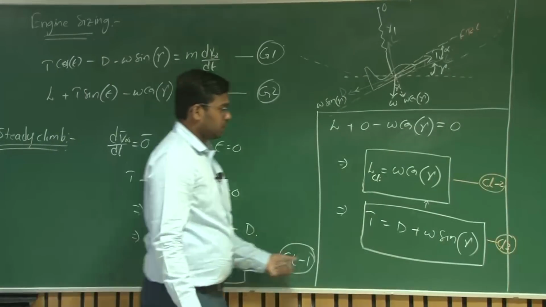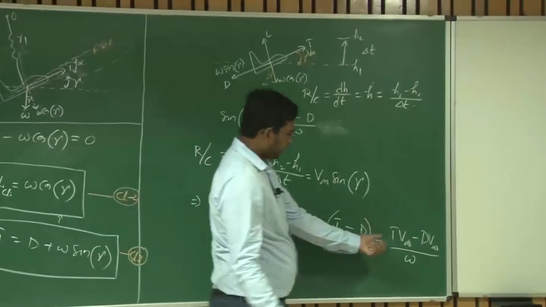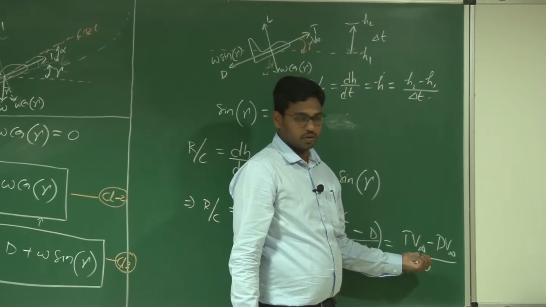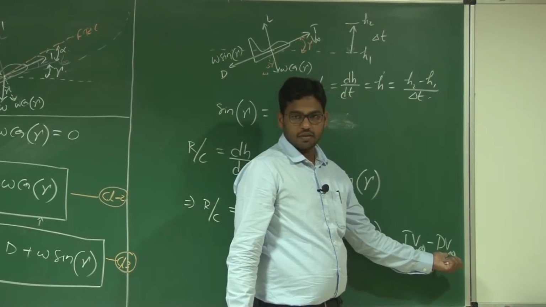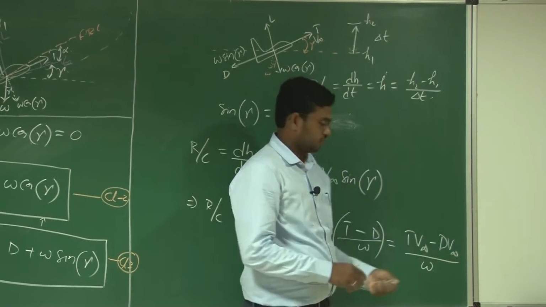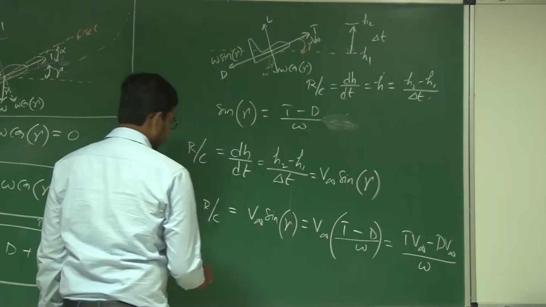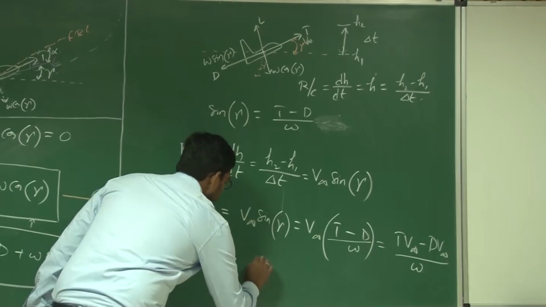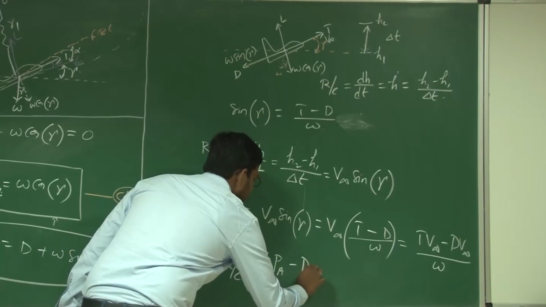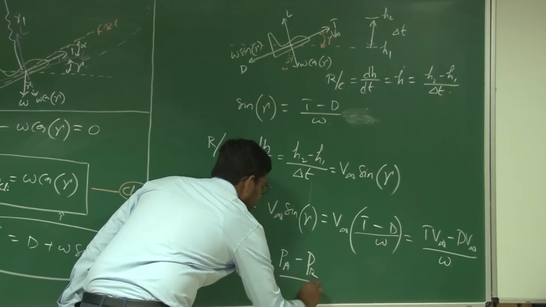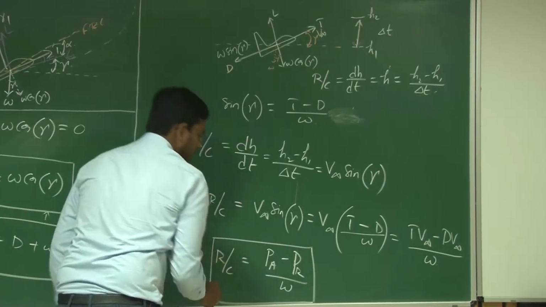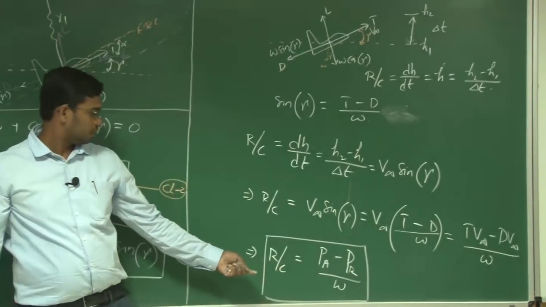Similarly, T into V infinity is the power available from the system, and D into V infinity is the power required by the system. We already discussed in our previous lecture that rate of climb is equal to power available minus power required, divided by W. This is the specific excess power.